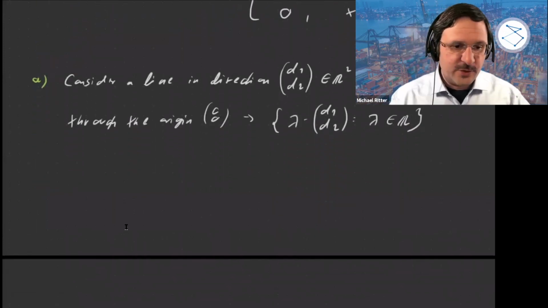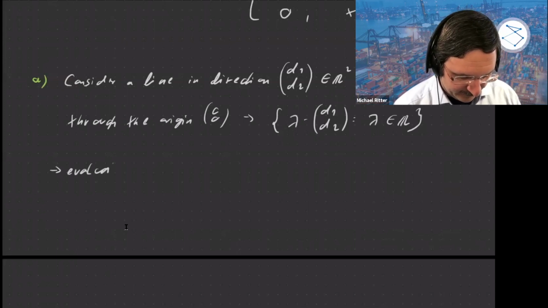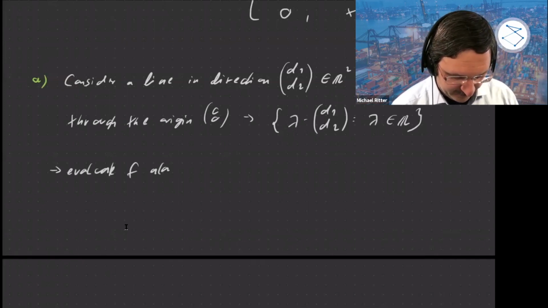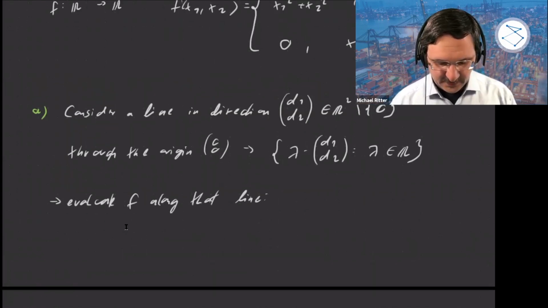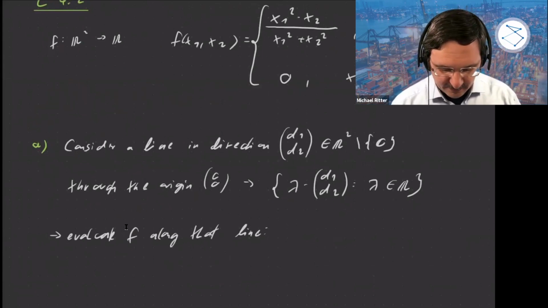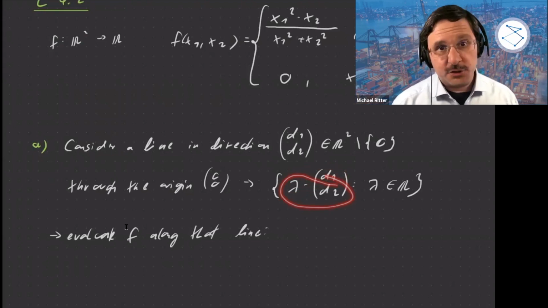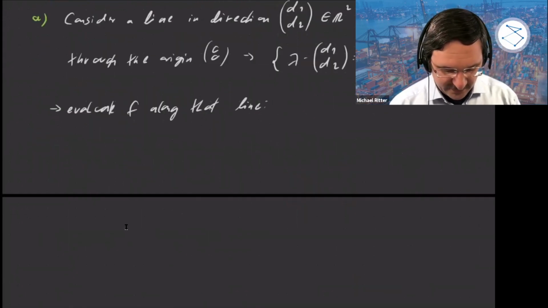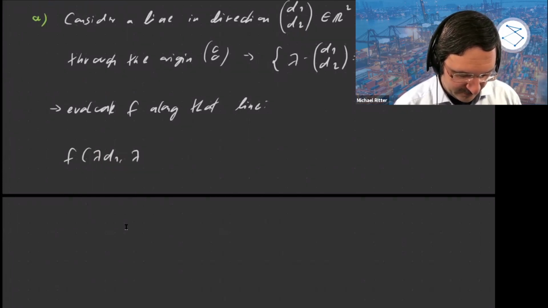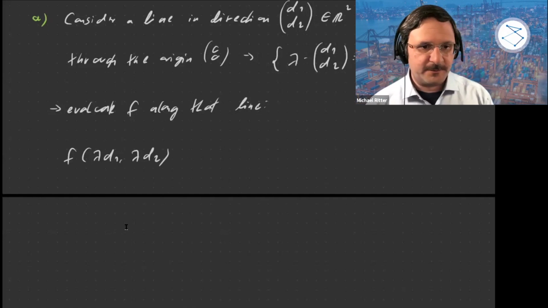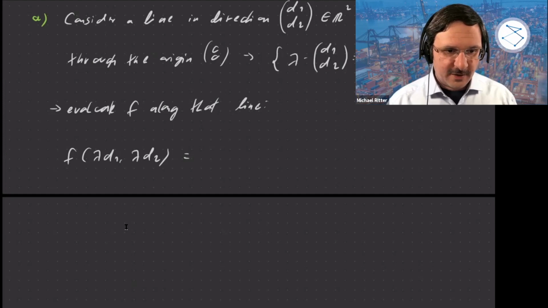And the question is, what do we know about f along that line? So we evaluate f along that line. And basically that means we have an x1 coordinate lambda d1 and an x2 coordinate lambda d2. So we need to evaluate f of lambda d1, lambda d2. Now we just use the definition of our f.